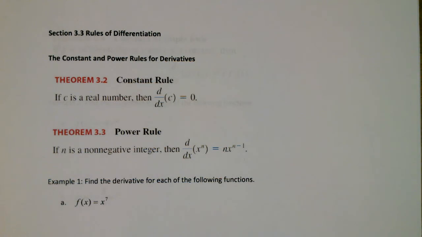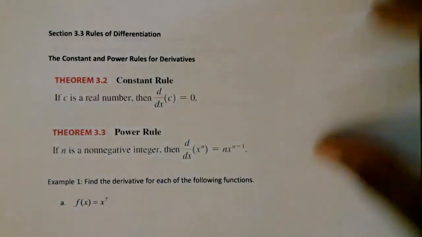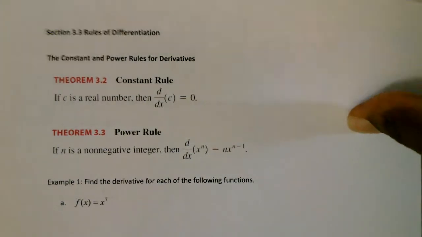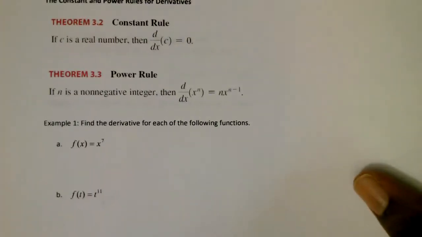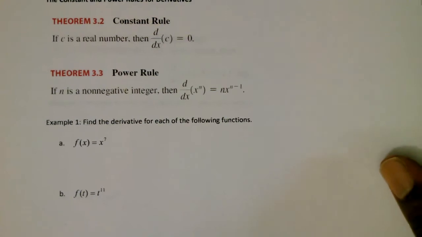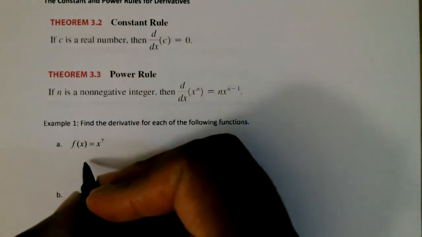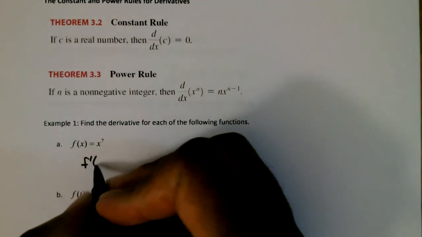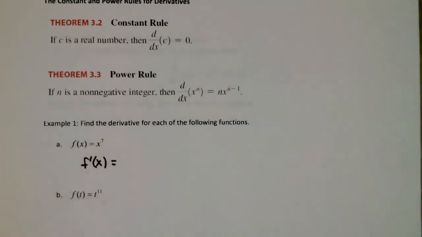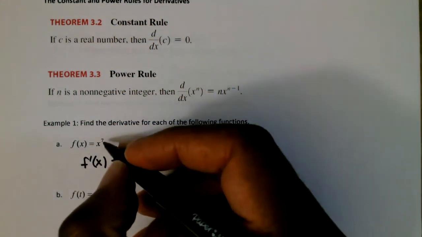Like in example 1a, let's say I want to find the derivative of each of these functions, starting with part A, where you've got f of x is equal to x to the 7. Now, in this case here, I'm going to use the notation f prime of x. So we had the exponent of 7.